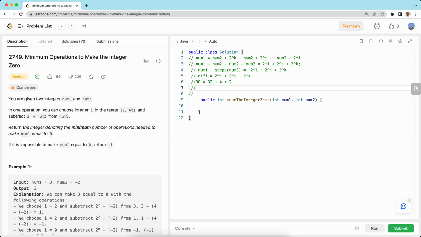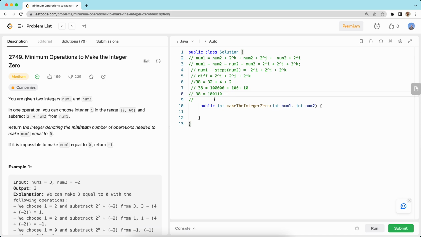Or if we see it in binary, we can say 32 is nothing but fifth place, then at the fourth place, then at the second place. So 38 in binary is 1 0 0 1 1 0.